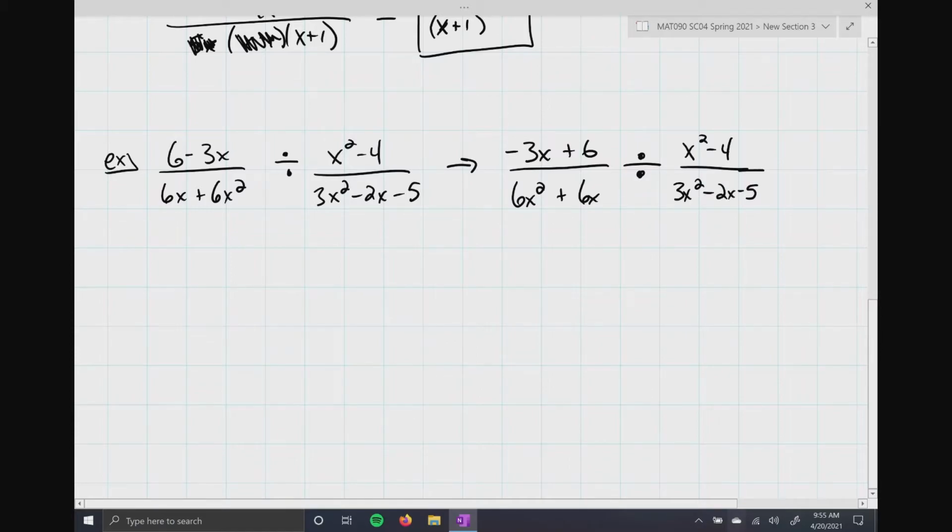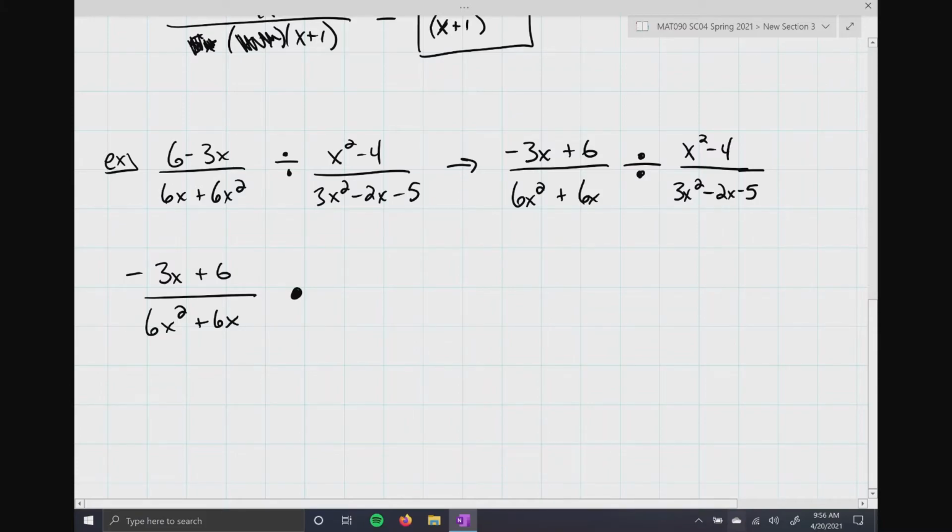All right. So, rewrite if needed. I did step A. Now I need to worry about step B. I'm dividing here. So remember, when you're dividing fractions, you rewrite the first. Division changes to multiplication, and you multiply by the reciprocal of the second fraction.